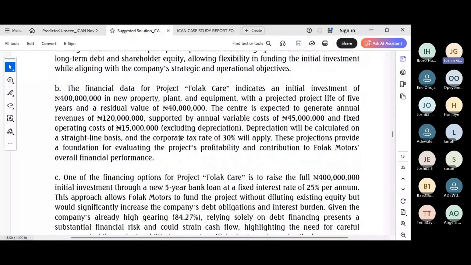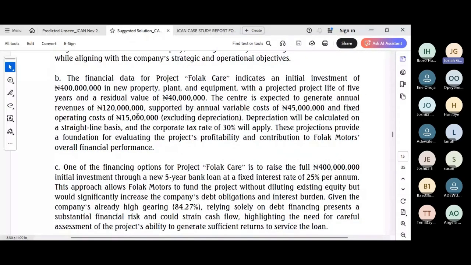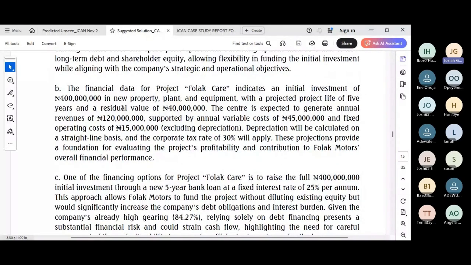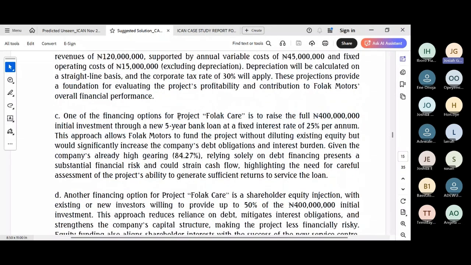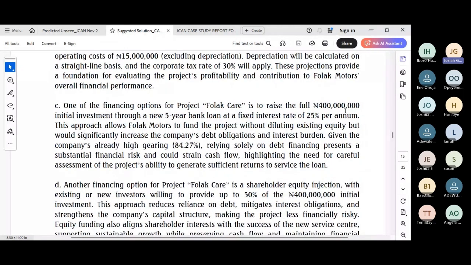The second point will now come into numbers, and the numbers are provided to us in the exhibit. So we're not doing computation yet. We're saying Folak's scale indicates an initial investment of 400 million, variable cost 45, and so on. We just spoke to that general information in the exhibits. We also said one of the financing options is a new bank loan or 5-year loan. So this is one of the options.